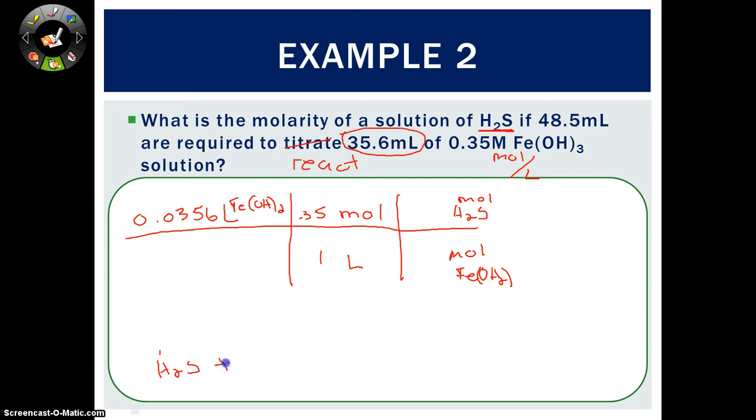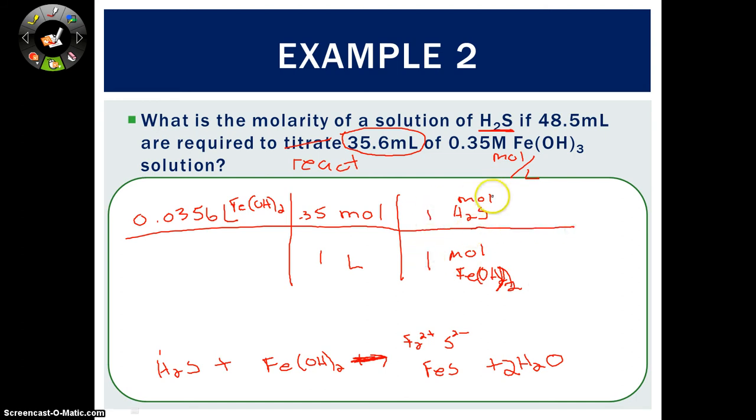H2S plus Fe(OH)2 yields. Okay, so iron has a 2 plus charge here, I know that, so Fe 2 plus, and sulfur always has a 2 minus, so this is going to be FeS and H2O. Now here I have 2 hydrogens and 2 hydroxides, so I need 2 waters. The coefficients of H2S and iron hydroxide, the 2 outside the parentheses, are 1 and 1.